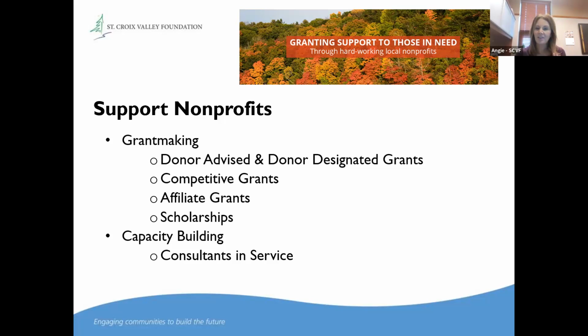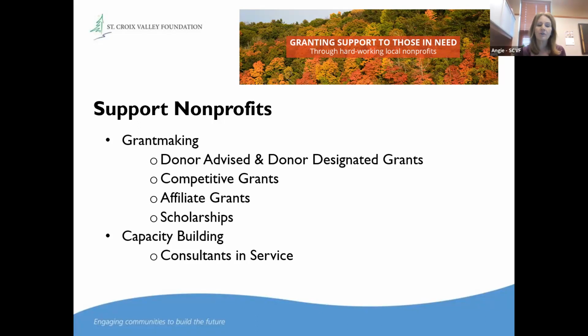So this now is the second and third leg of the stool that we talked about earlier, is how we support area nonprofits. And the main way we do that, and the way we're probably most well known, is through our grant making, through donor advised and donor designated funds, our competitive grant programs, our affiliate grant programs, our scholarships. And then we also have this work we do around capacity building for our nonprofit partners.